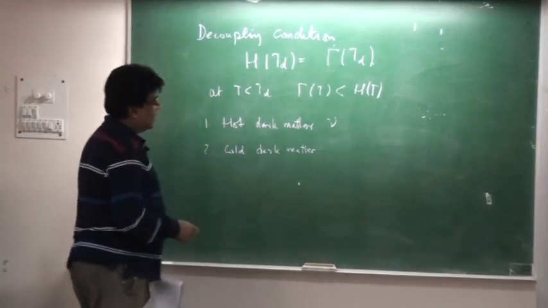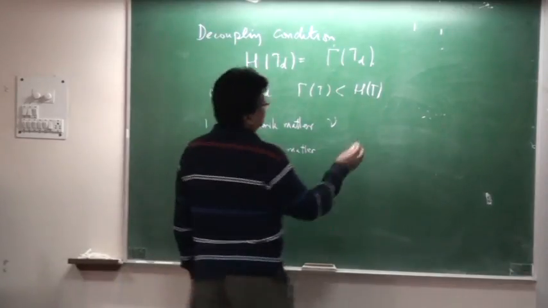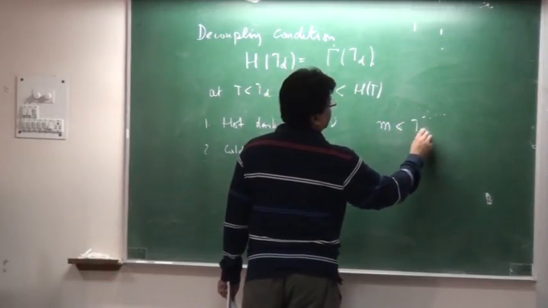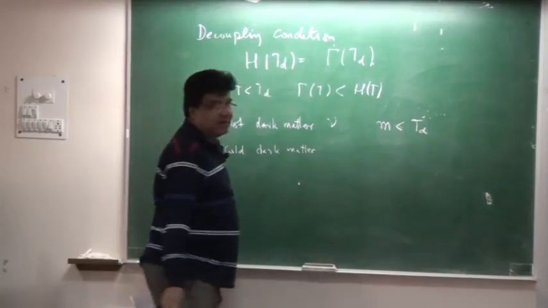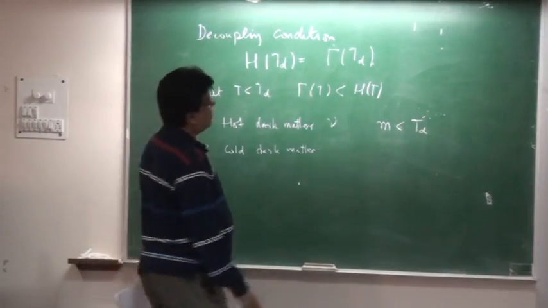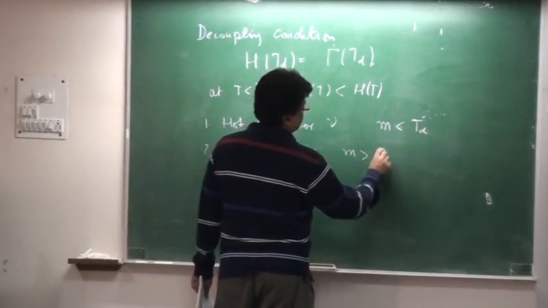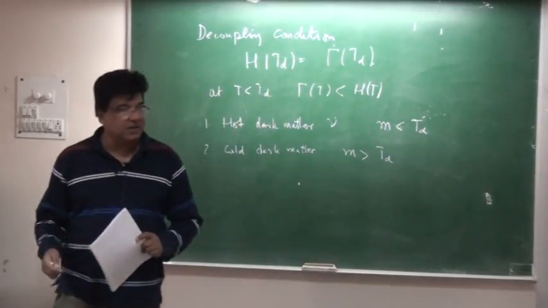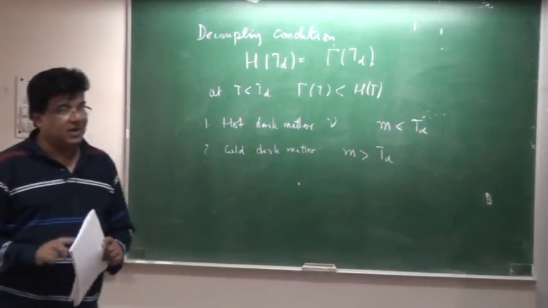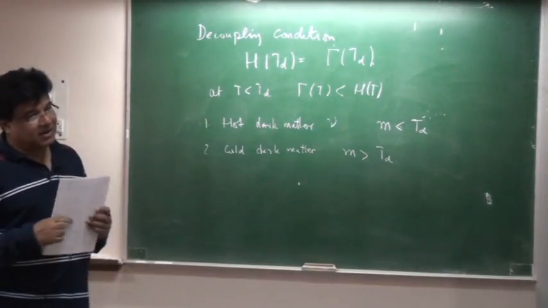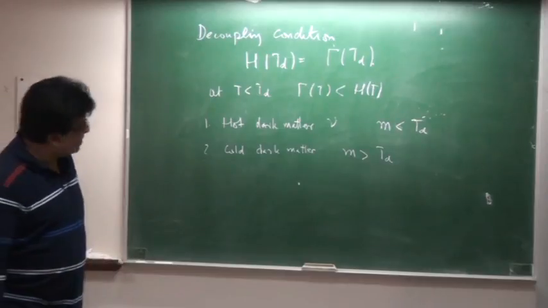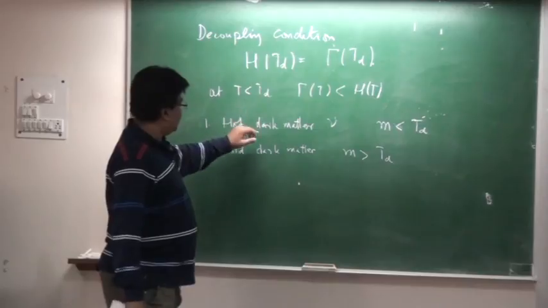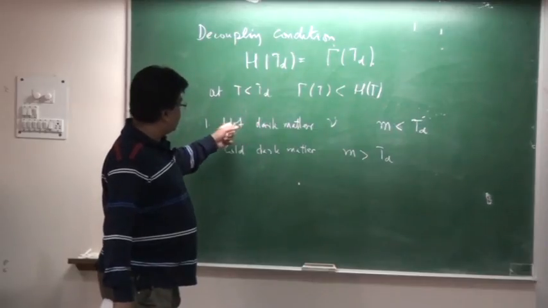Whether it is hot or cold depends on whether, when it is decoupling, a particle is relativistic, which is called hot dark matter, or non-relativistic, which is called cold dark matter. The calculation of the present density of a particle depends upon whether it is hot or cold.